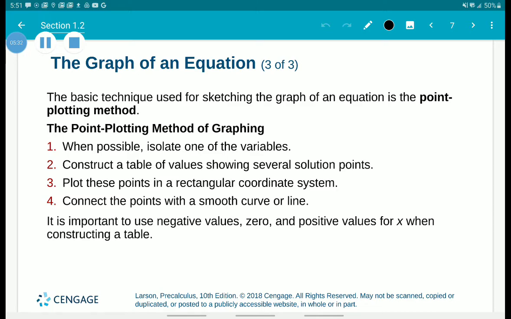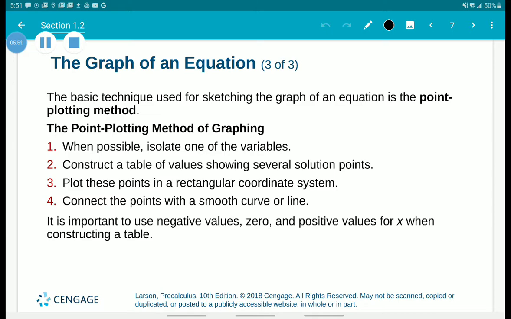Now, it's important to use a variety of numbers. Usually you want to use negatives, zeros, and positives when you try to construct a graph. As we progress through this course, you'll have the idea of some basic graphs and the forms of those basic graphs.